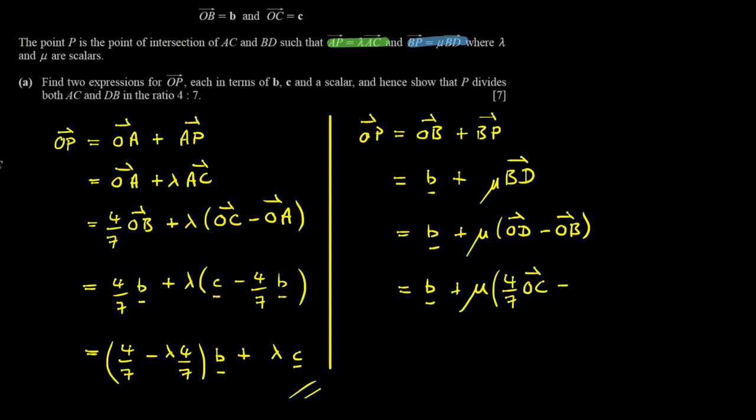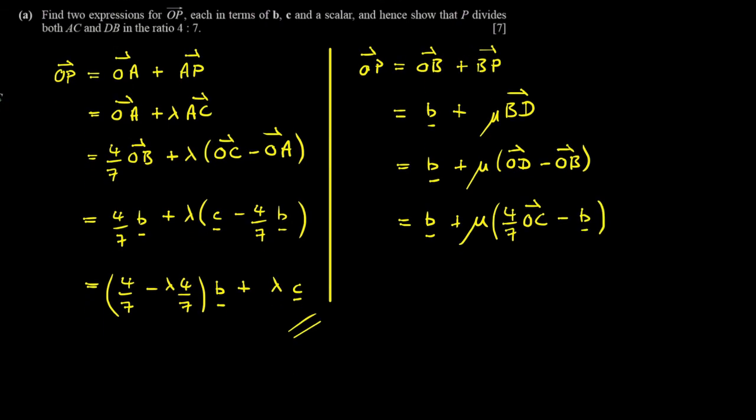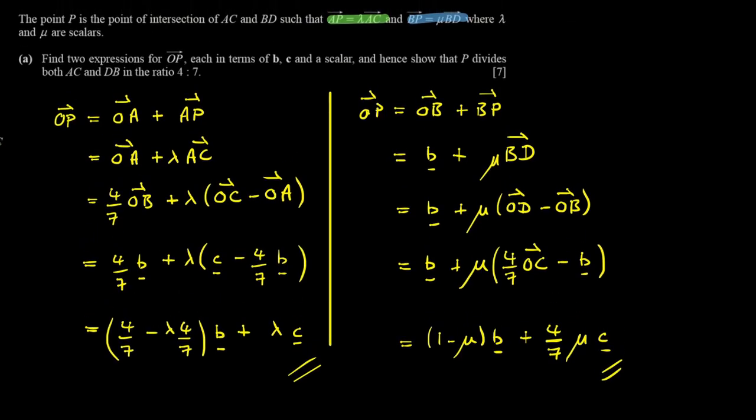And OB is just B. So we've got that there. If we were to simplify this, therefore, we've got B minus mu B. So we've got 1 minus mu lots of B. And for C, because OC is just C, we've got plus 4/7 mu for the vector C.